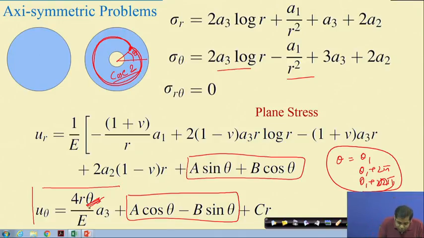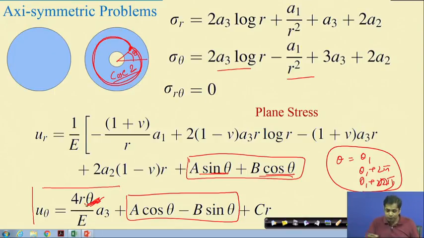But if you substitute different theta here, having sin theta and cos theta terms, for the same point, if you substitute theta plus 2n pi, these will remain the same. But this term, 4r theta, will be different.